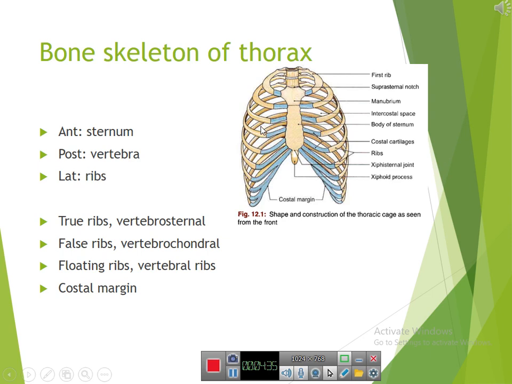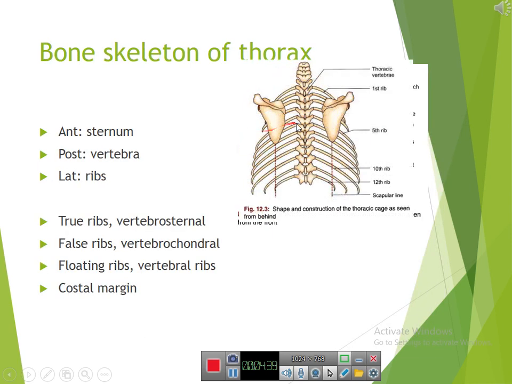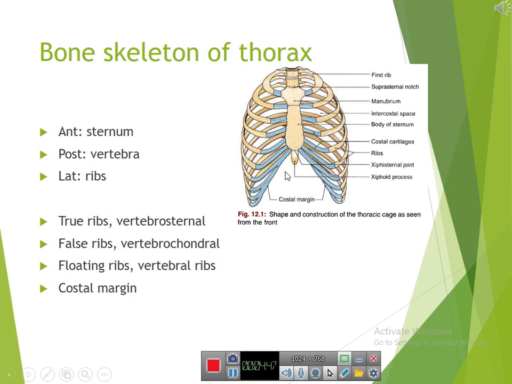Each rib articulates posteriorly with the vertebral column, and anteriorly only the upper 7 ribs articulate with the sternum through their cartilage, and these are called true or vertebrosternal ribs.